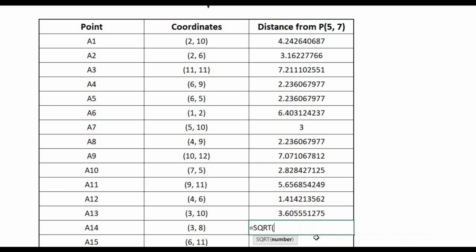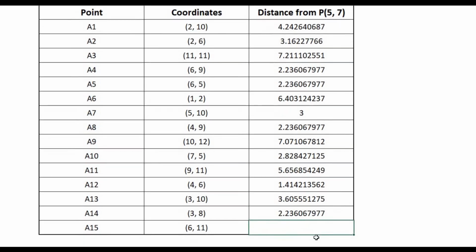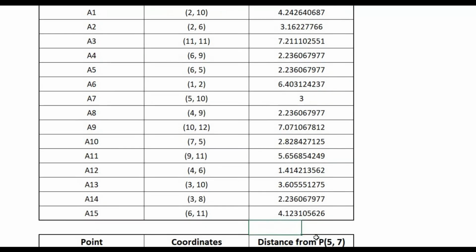Square root, 5 minus 3 whole square plus 7 minus 8 whole square, bracket close, 2.23. Square root, 5 minus 6 whole square plus 7 minus 11 whole square, bracket close, 4.12.